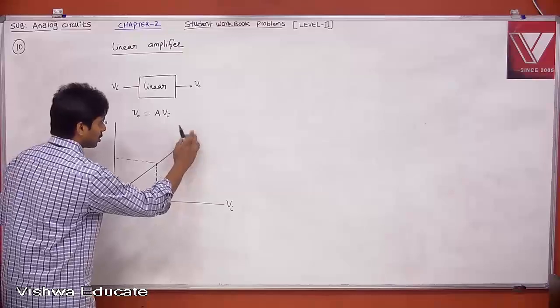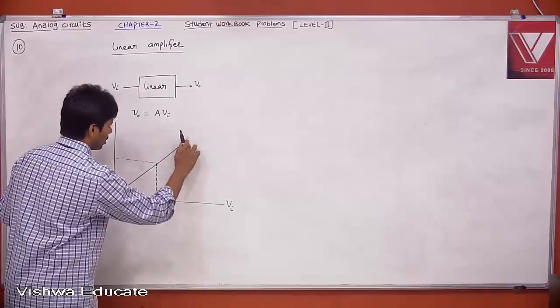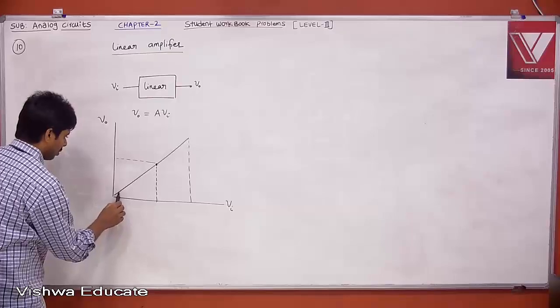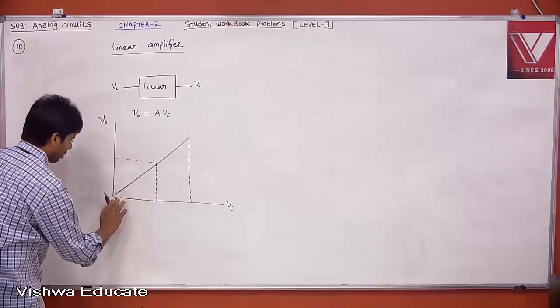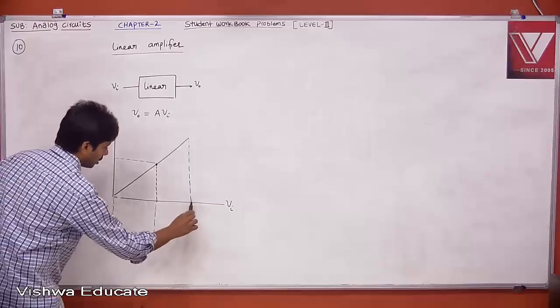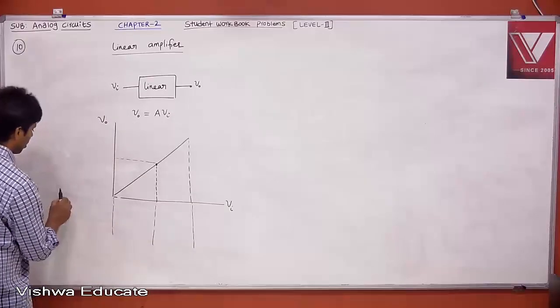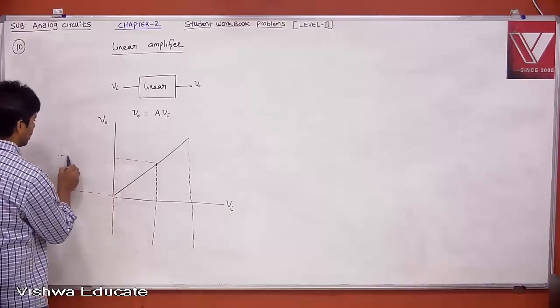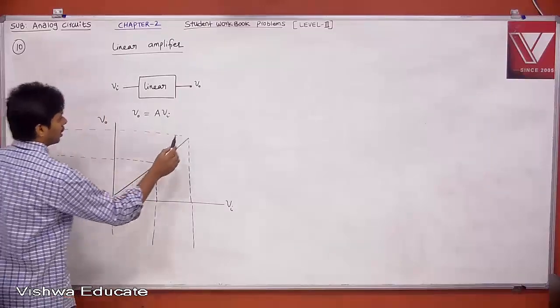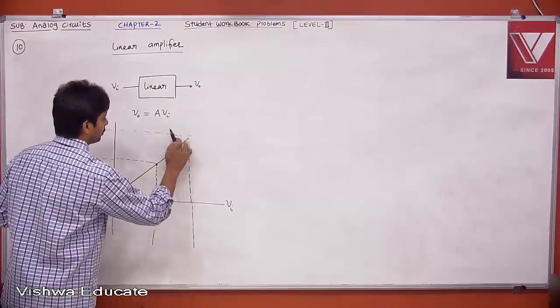Then the maximum input voltage you can cover, let us say this is the maximum input voltage and this is your minimum input voltage. This is the center point and this is the maximum input. And the corresponding minimum output voltage, then the bias voltage and the maximum output voltage you can get. Okay, this is the point.